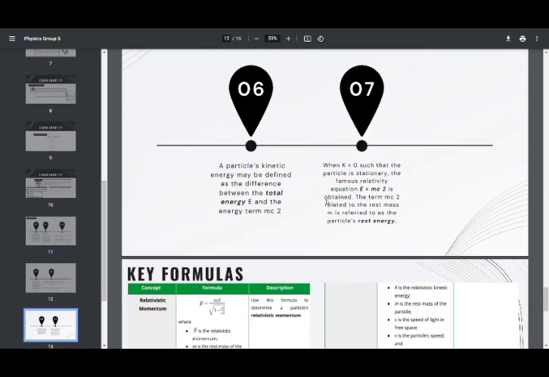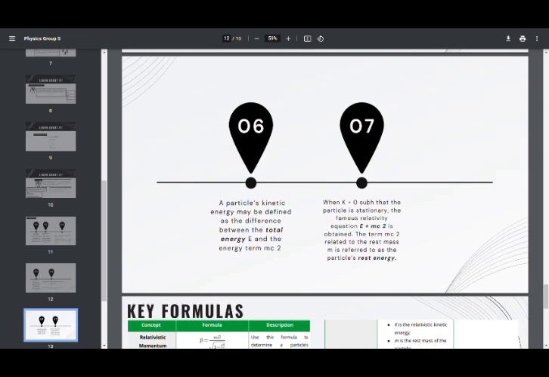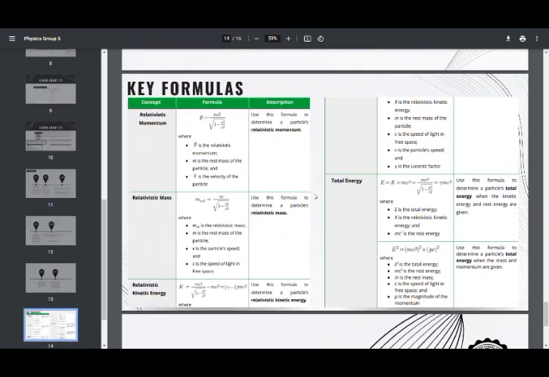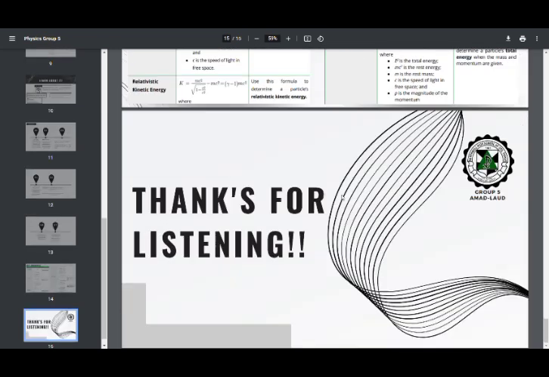So a particle's kinetic energy may be defined as the difference between the total energy E and the rest energy term mc squared. When K is equal to 0, such that the particle is stationary, we get the famous relativity equation E equals mc squared. So as you can see here, this is the formula of our relativistic momentum, relativistic mass, and also relativistic kinetic energy and total energy. So I guess that's all.